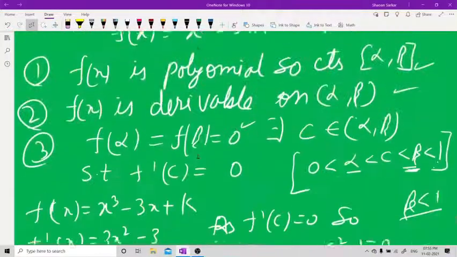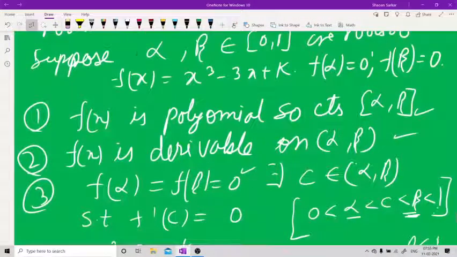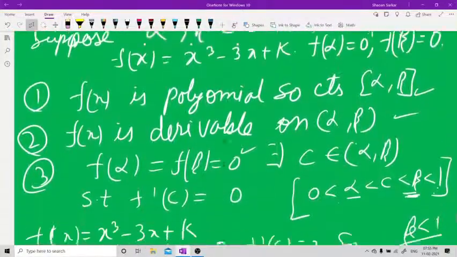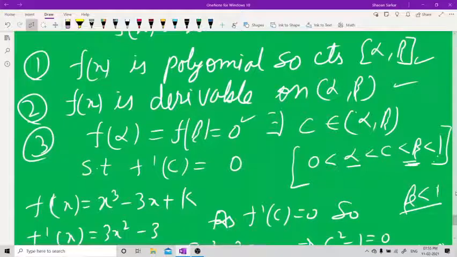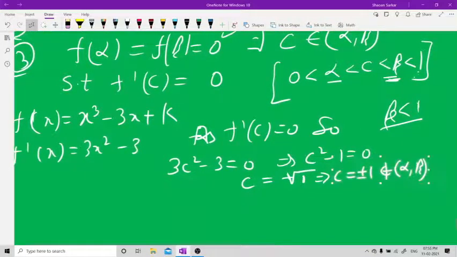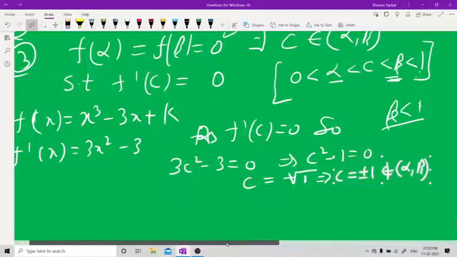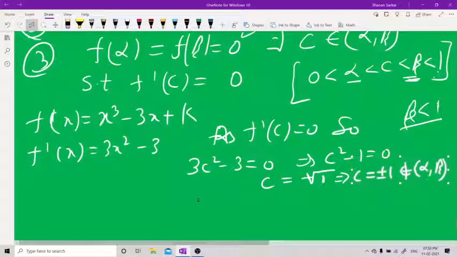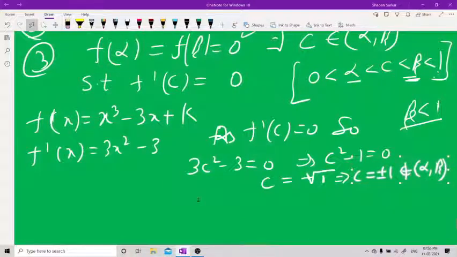So I have considered two distinct roots, and I found a contradiction here. That's the main problem. So there is no number k for which it has two distinct real roots.